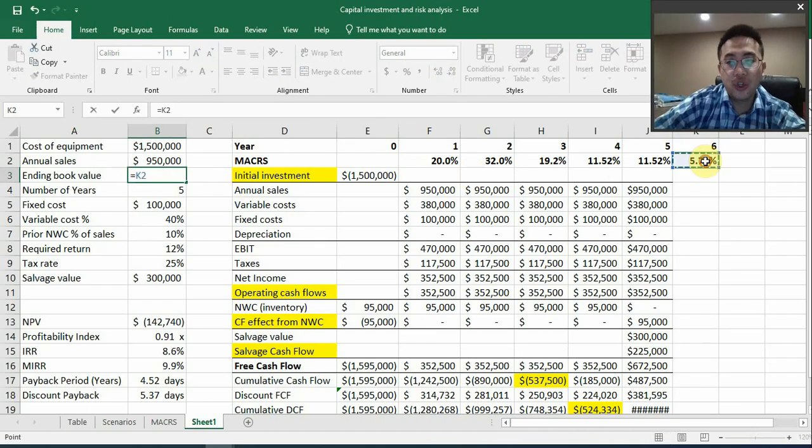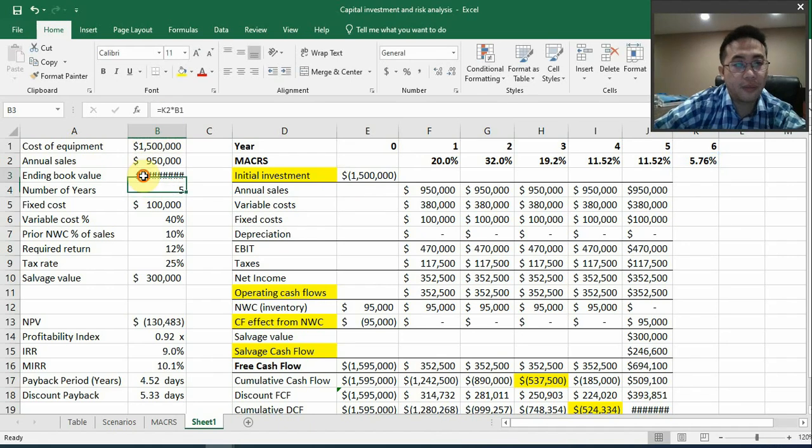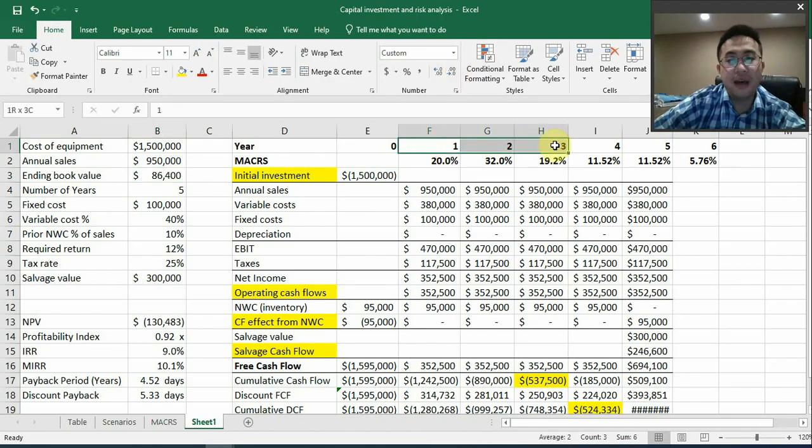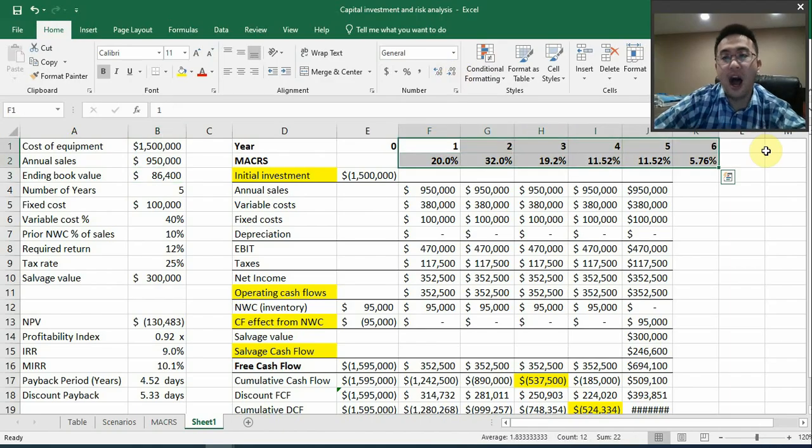It equals this last number in your depreciation data times the cost of equipment. Dollar figure, decrease decimal. All these numbers here are given by the IRS.